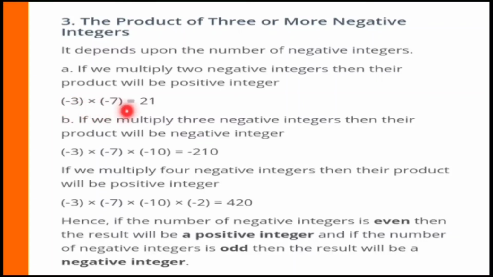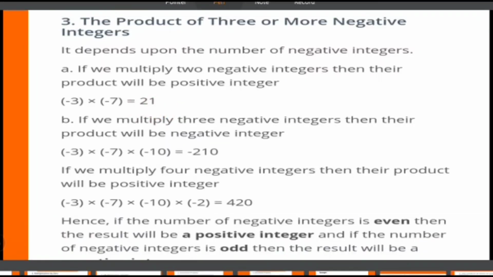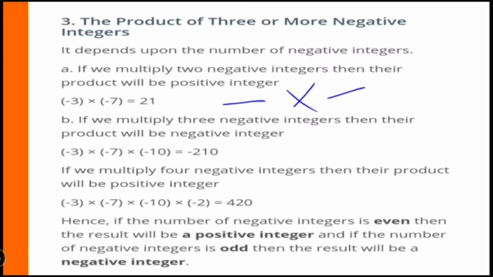Here 3 and 7 are negative integers because there is a minus sign. So first you multiply these two numbers, then put the positive sign. Why? Because negative into negative, the answer will be positive.